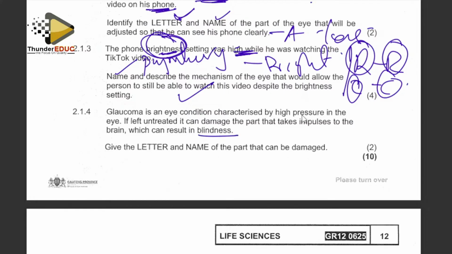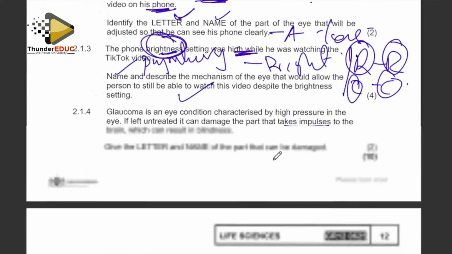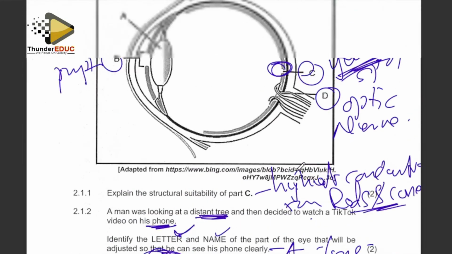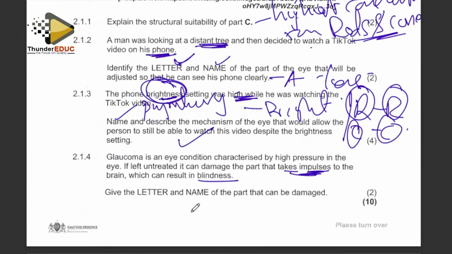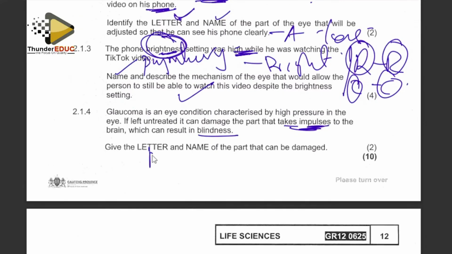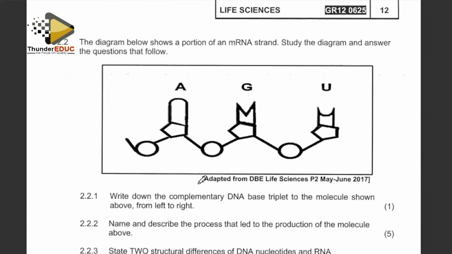Characterized by high pressure in the eye, untreated, it damages the part that takes impulses, meaning they are looking for the nerves. The letter is D and the name is optic nerve. Done. We are done. We go to the next question.